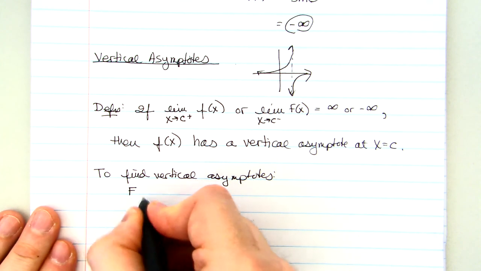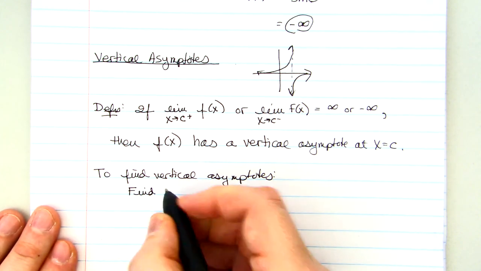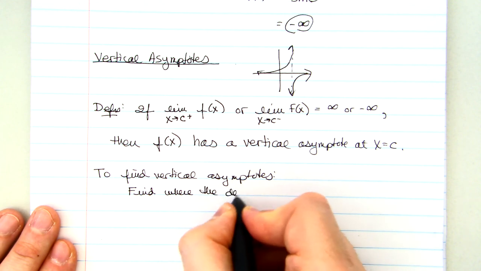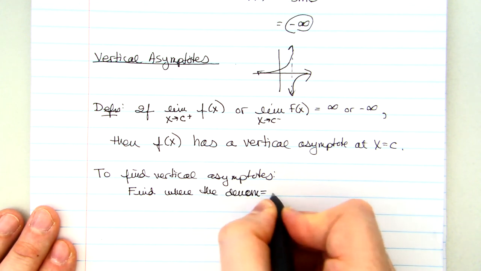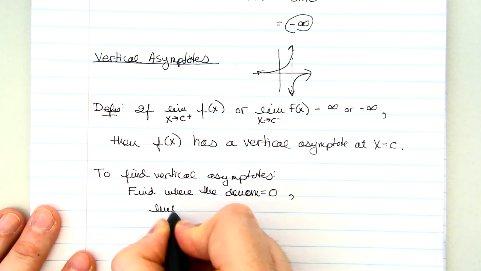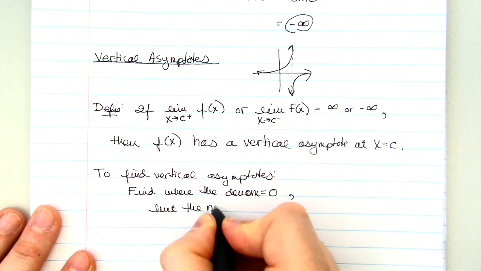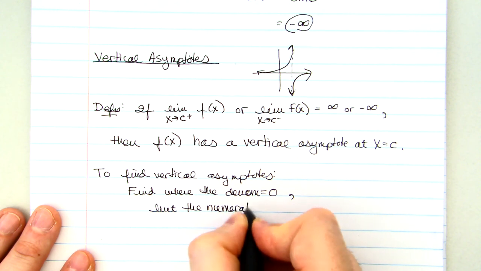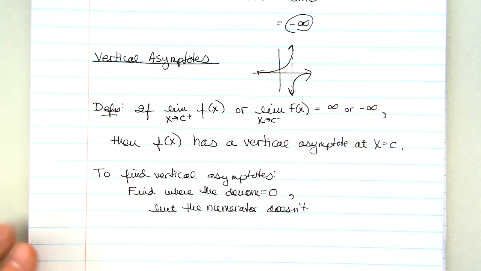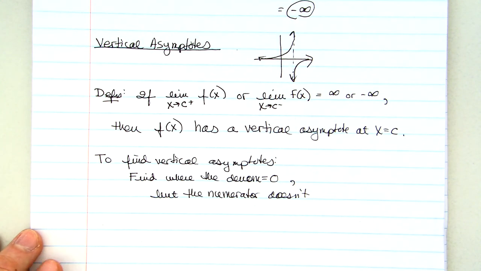I want to find where the denominator equals 0, but the numerator does not. Because that means I'm in my 2 over 0 or negative 3 over 0 form, which is what gives me the infinities and negative infinities and all that.